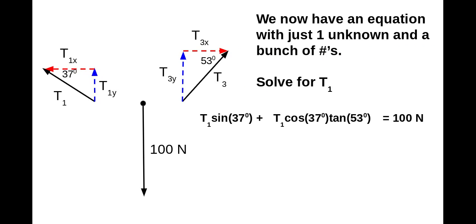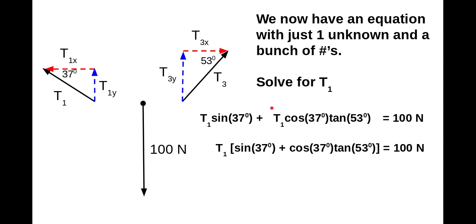So we've reduced the problem now to just one unknown. We have T1 here and here. I'm going to do some algebra to simplify it. I've taken the T1 out, in brackets, so I've got T1 in just one location. And all this stuff in here is just a number.